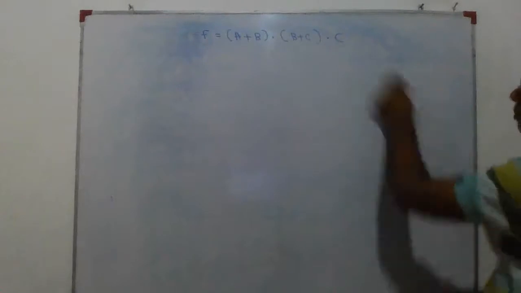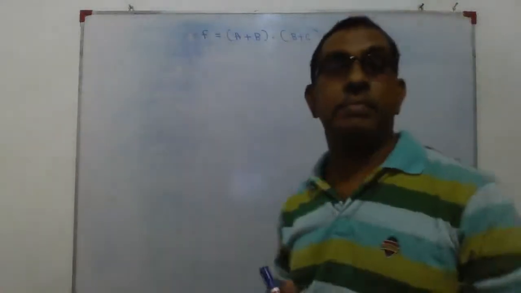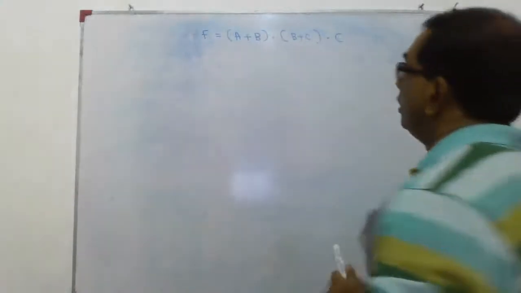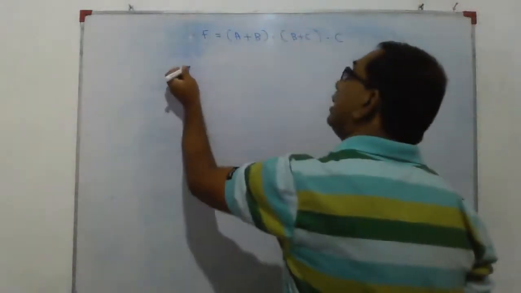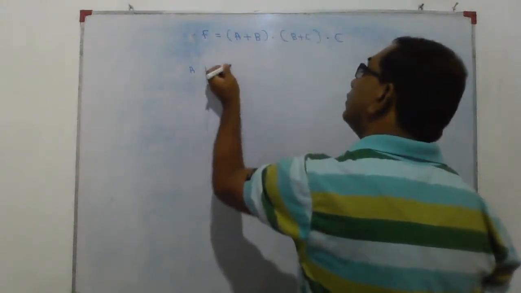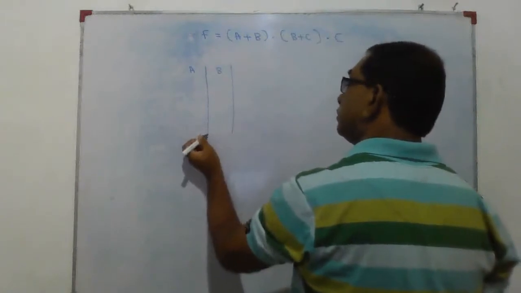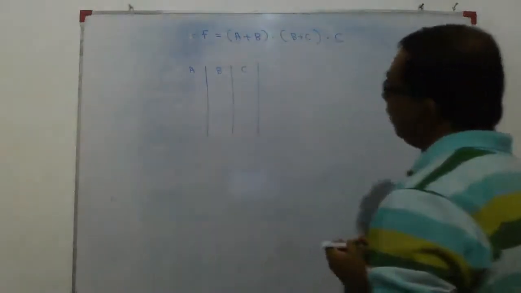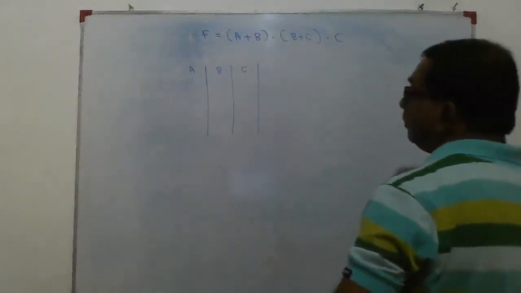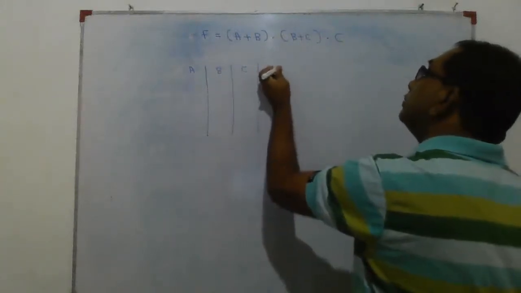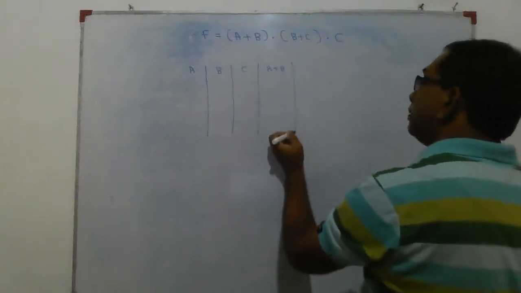Now I wanted to get the truth table from the given expression. So what are the inputs? A, B, and C. And other combinations are there. A OR B. So I take A OR B. Another combination. What is that?